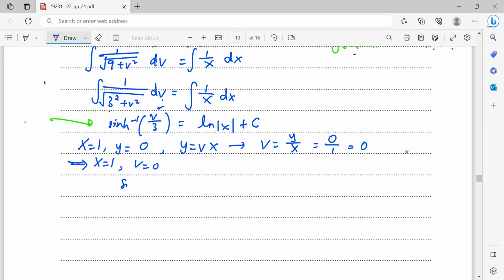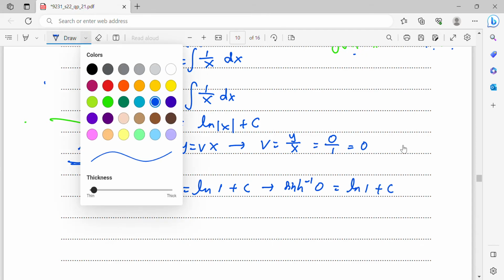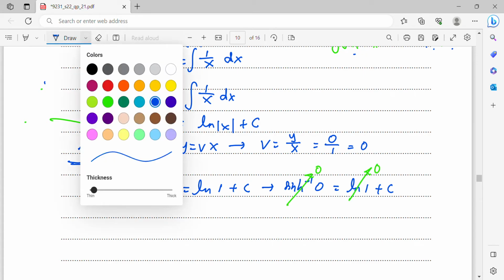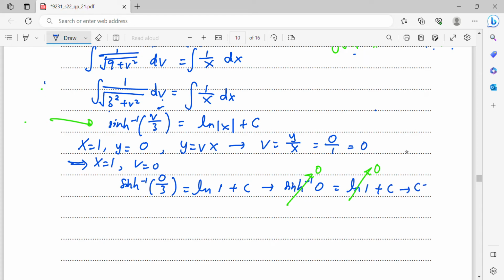Okay, so substitute these two values into the previous solution to get the c. So I will get inverse sine of v over 3, so 0 over 3, equals ln of x, where x is 1, plus c. For your information, inverse sine 0 is 0, so this is 0. ln 1 is 0, which means c is 0.